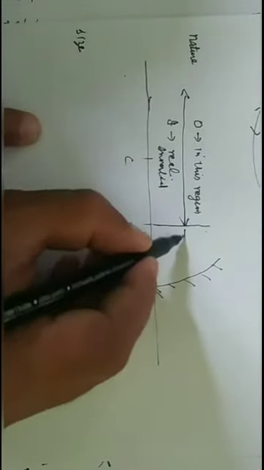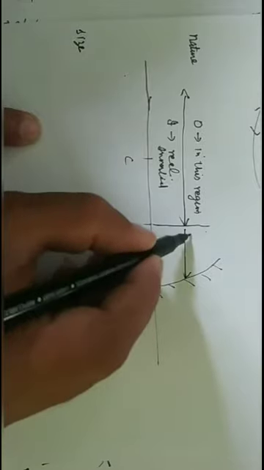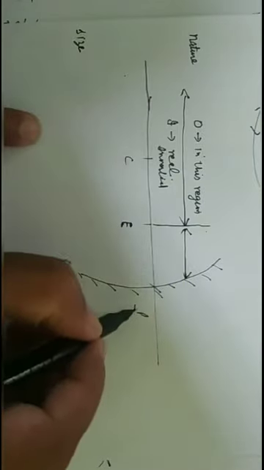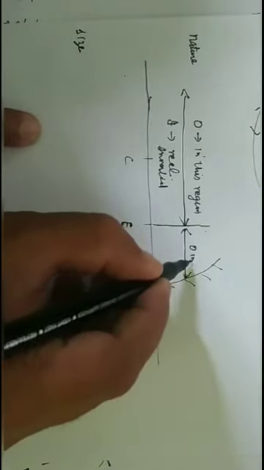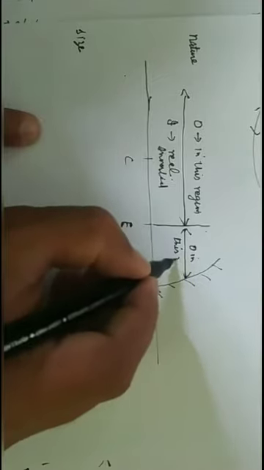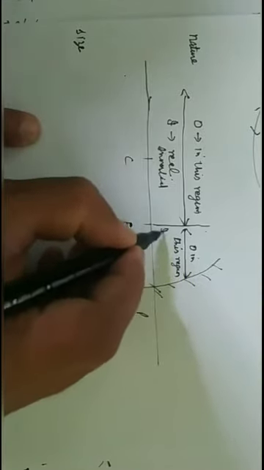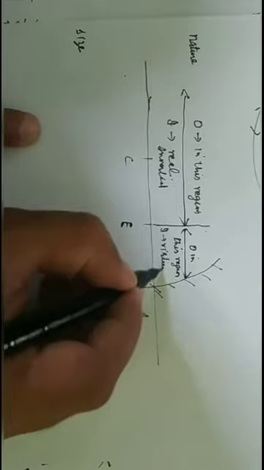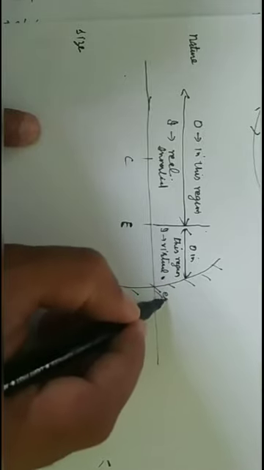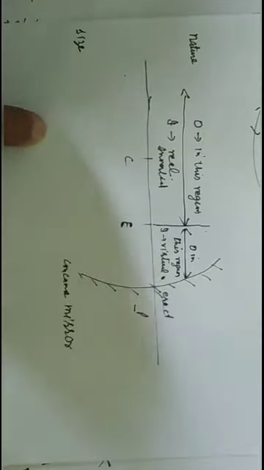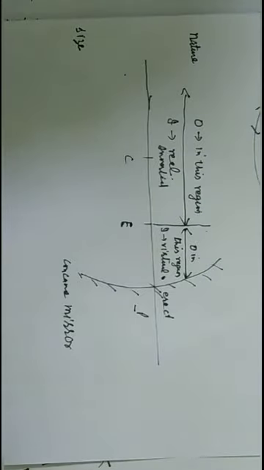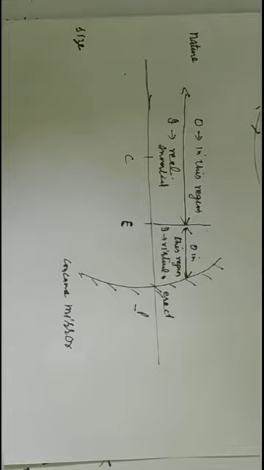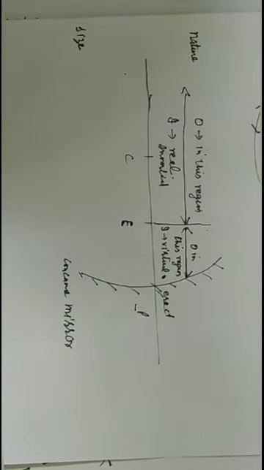And the remaining case, if your object is between focus and pole, in this region, then the image will be virtual, and a virtual image is always erect. So focus is a turning point for real and virtual images. It tells you about the nature of the image.